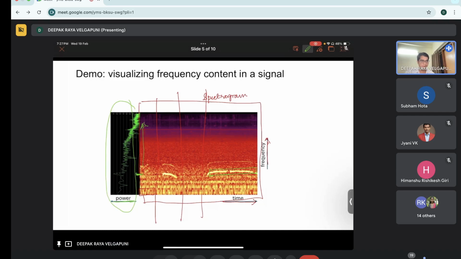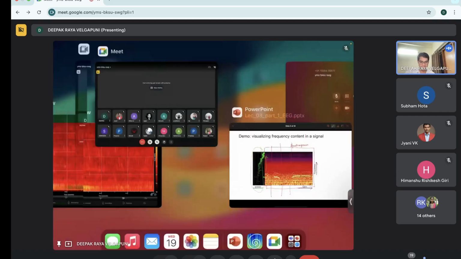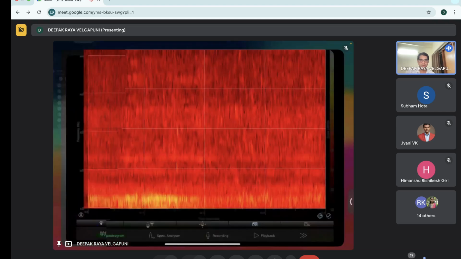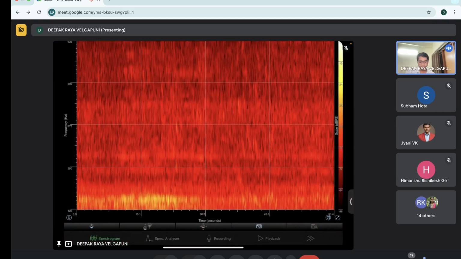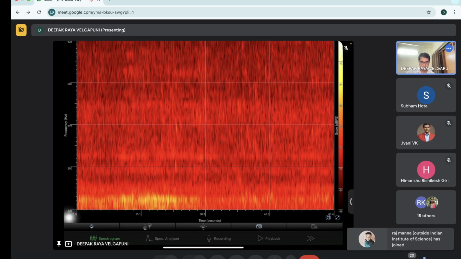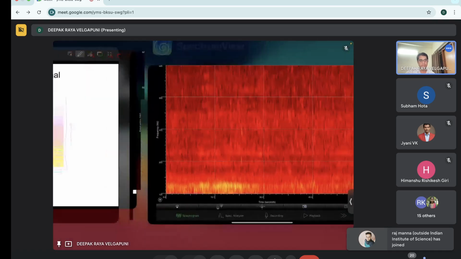This might be a little fun, but let me see how to do this. Is the plot visible on my screen? Is this not moving? I'll just reopen it, 1 second.